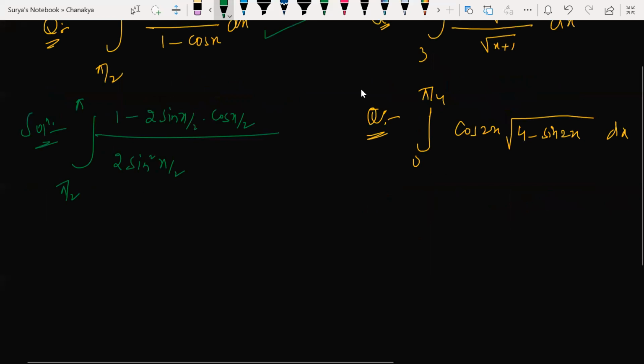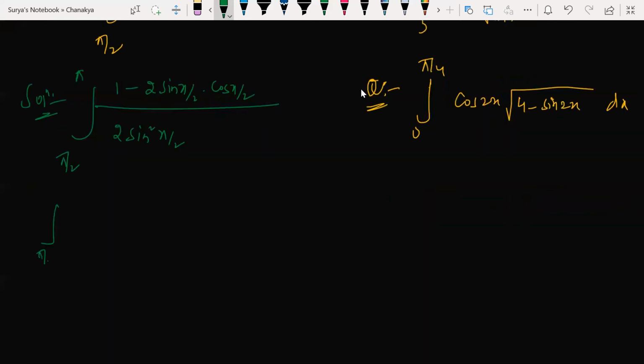Now splitting, integral pi by 2 to pi, 1 by 2 sin square x by 2, minus integral pi by 2 to pi, 2 times sin x by 2 into cos x by 2 whole divided by 2 times sin square x by 2. Correct? Here 2 I can cancel.